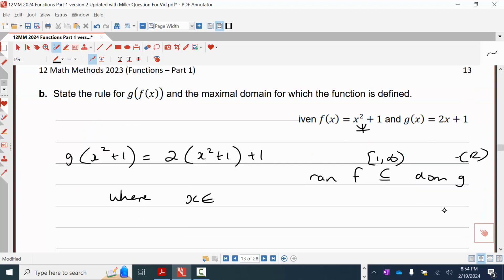All right, so what we're saying is, is this a subset of all real numbers? Well, absolutely it is. This consists of the numbers 1 to positive infinity, and this says all real numbers. So that is definitely a subset of that. So the composition works. When the composition works without modification, we're just going to say that the domain of the resulting composition will simply be the domain of the inside function. And that was the parabola, and that was also defined over all reals.